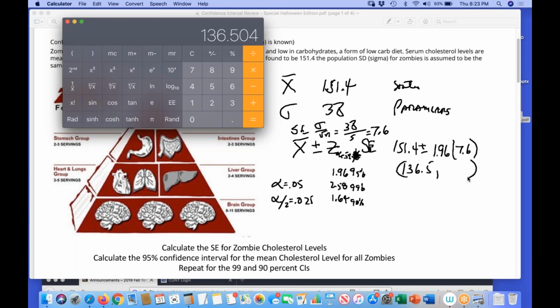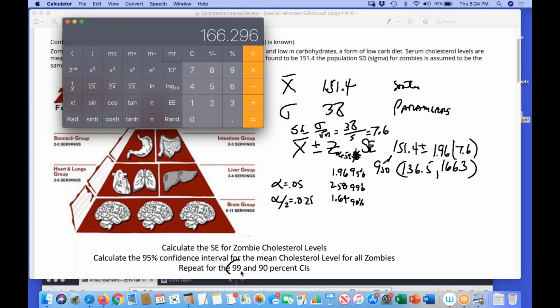And our upper limit for our confidence interval is going to be 151.4 plus our margin of error, which is equal to 166.3. So that's my 95% confidence interval.